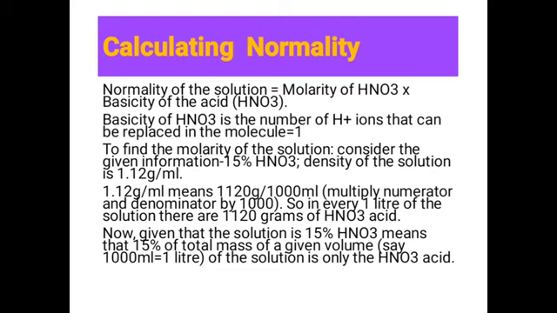So if you have done that, you would have gotten 2.38. Then multiply by the basicity of the acid. So you can find the molarity of that particular substance and multiply it by basicity. Basicity of HNO3 is 1, so you still get the same answer.